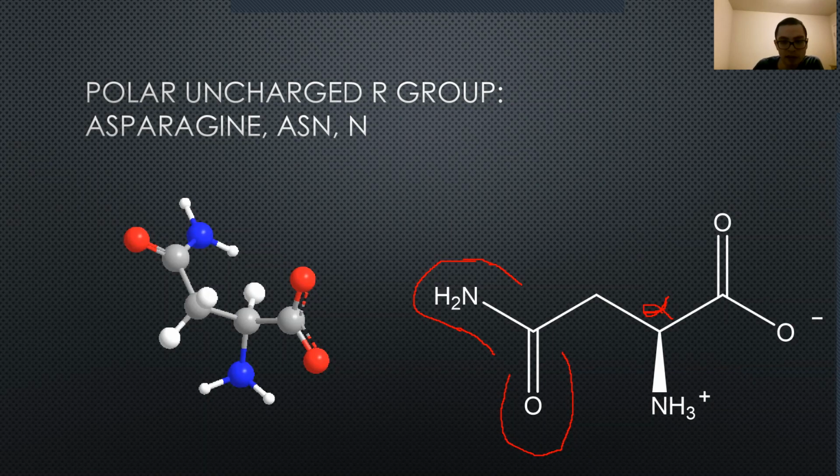And an amide likes to stay neutral. So there's definitely partial charges that we're dealing with right here. But since it likes to stay neutral for the majority of physiological pH and what we would be considering on the MCAT, this makes it a polar group because of the partial charges, but it never forms a full charge, so it's still considered an uncharged R group.